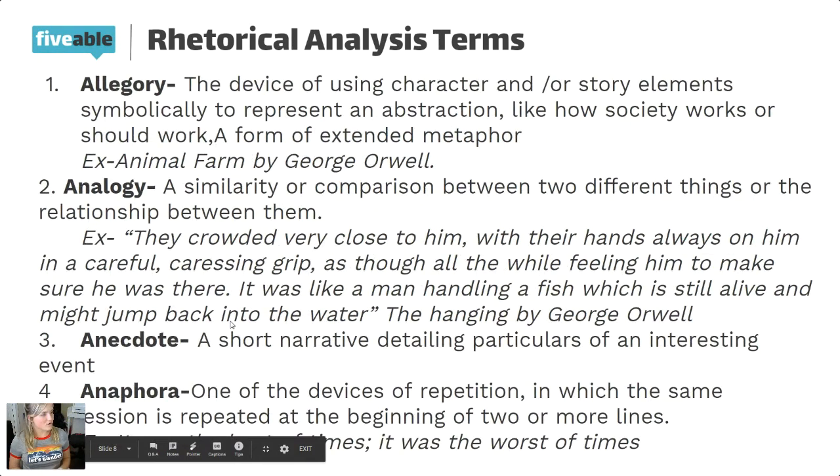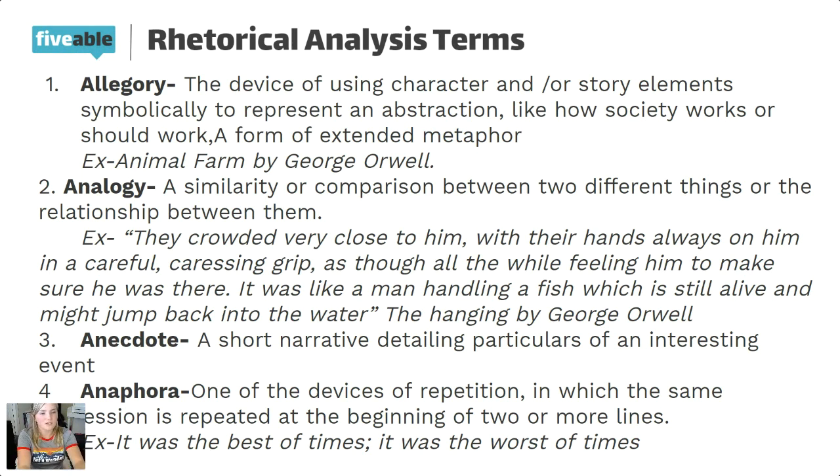The next one is an anecdote, which is a short narrative detailing particulars of an interesting event. I didn't list an example for this one because anecdotes are usually pretty long. But for example, if someone was giving a speech about perseverance, and they told a story about how they tried out for the tennis team every year and didn't make it, and the third year all their hard work finally paid off, that would be an anecdote, and it's typically pretty short.